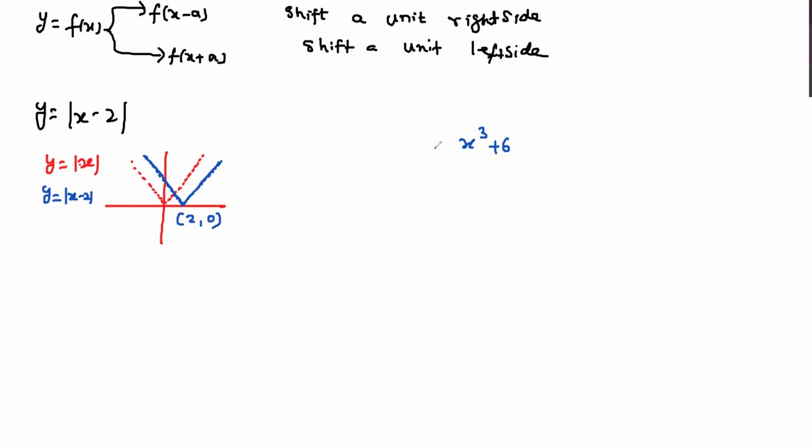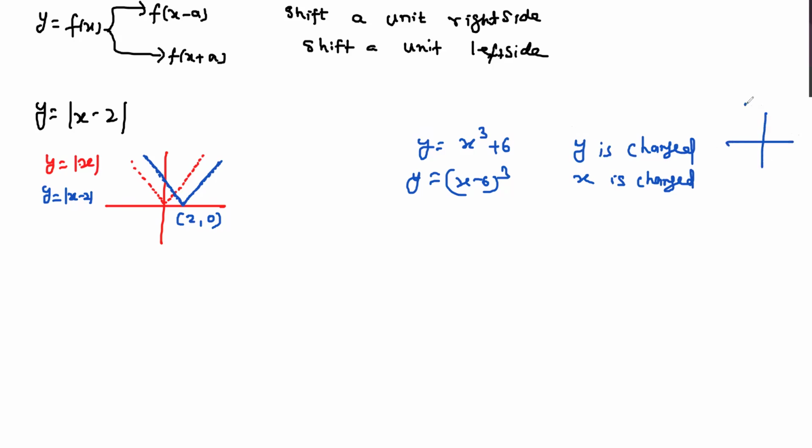See the difference. The difference is that the whole y is changed. Here y is changed. Here y is not changed. X is changed. If y changes, then you have to move along y-axis, upside or downside. If x is changed, then move left side or right side.